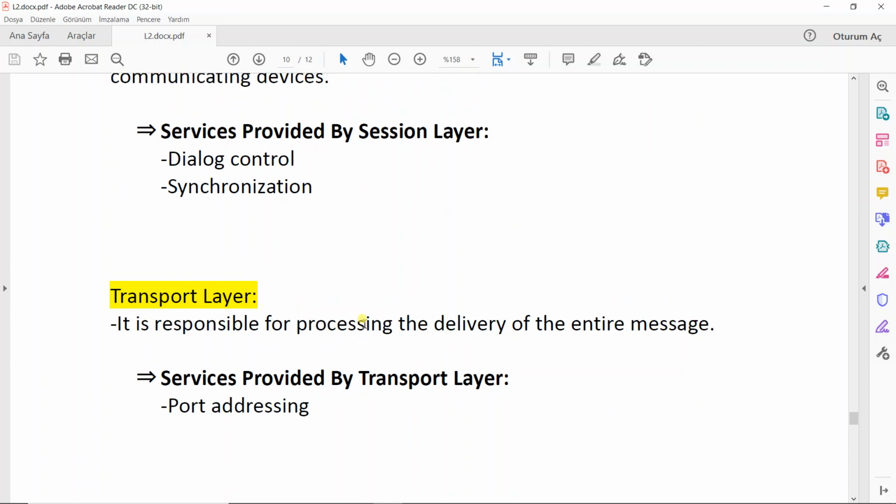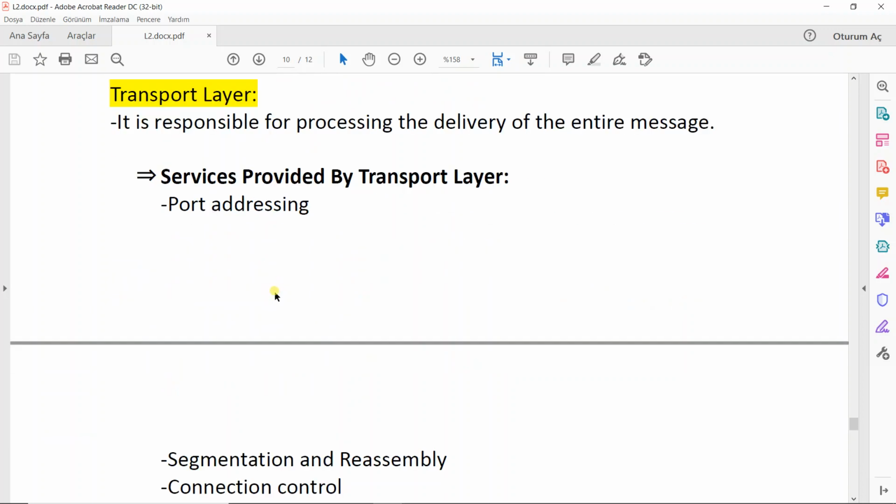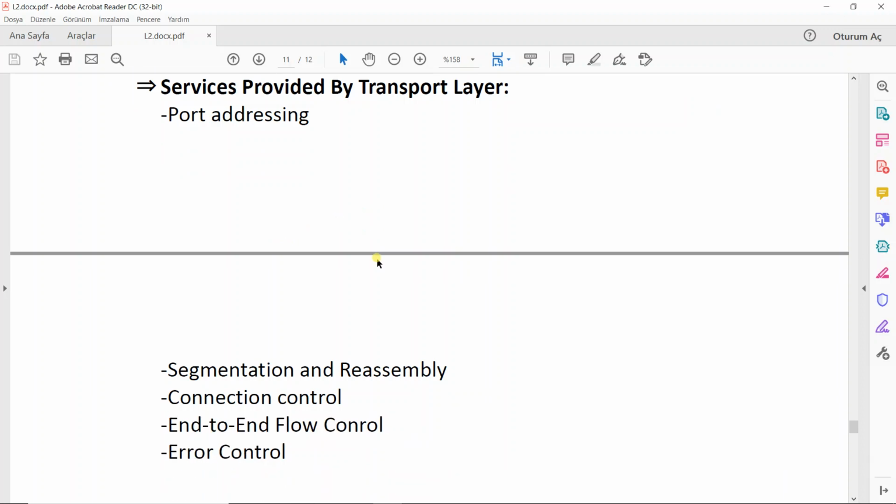So now you get some sense of what each layer is doing. Transport layer, what does it do? It's responsible for the delivery of the entire message. Services provided by this: one, port addressing. Which layer is responsible for assigning ports? Transport layer is the one responsible for assigning a port to an application.